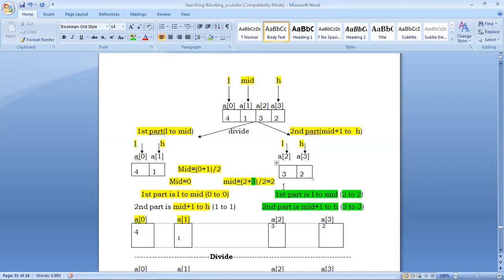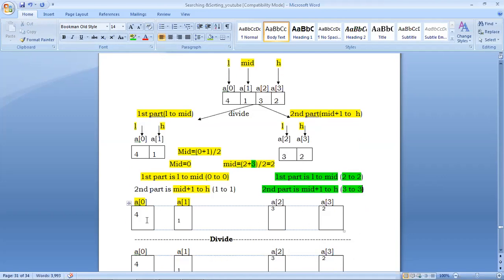That means the A of 2, A of 3 two elements array is split into two parts, A of 2 and A of 3. So see here, now if you look at the first part, A of 0, A of 1, the two elements array is split into two individual arrays which contain only one element.